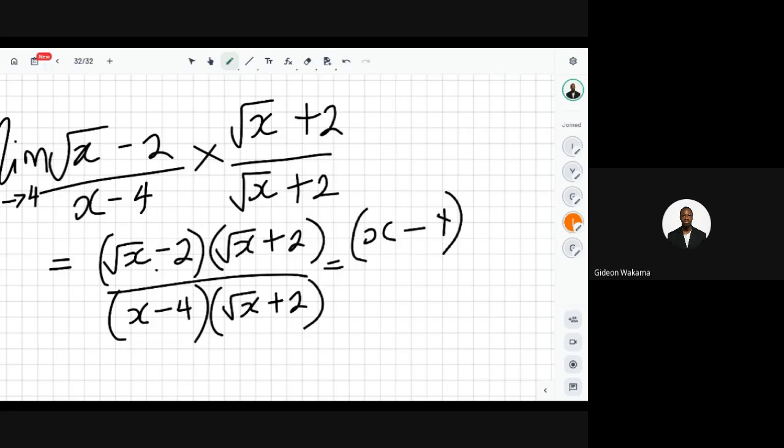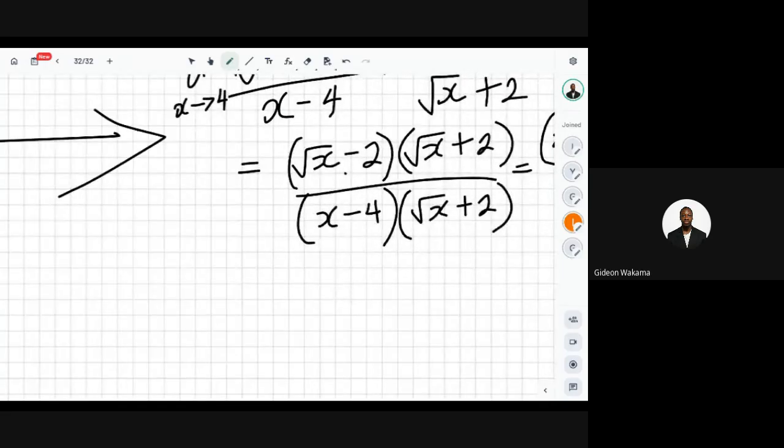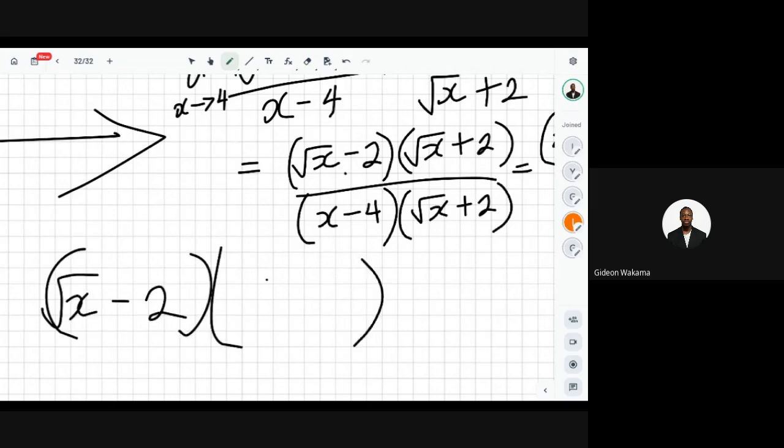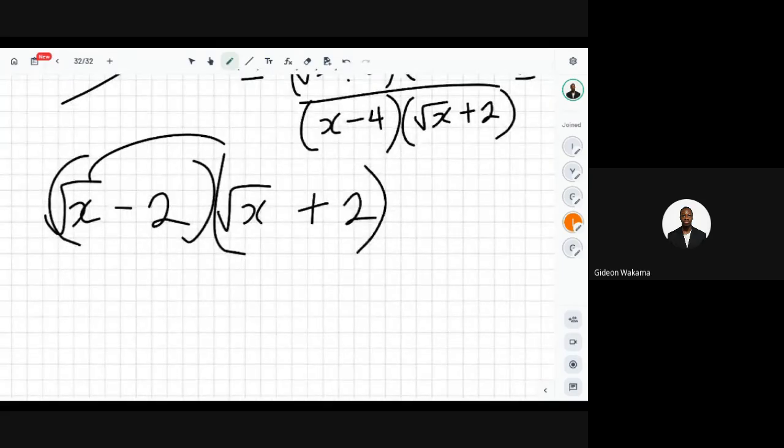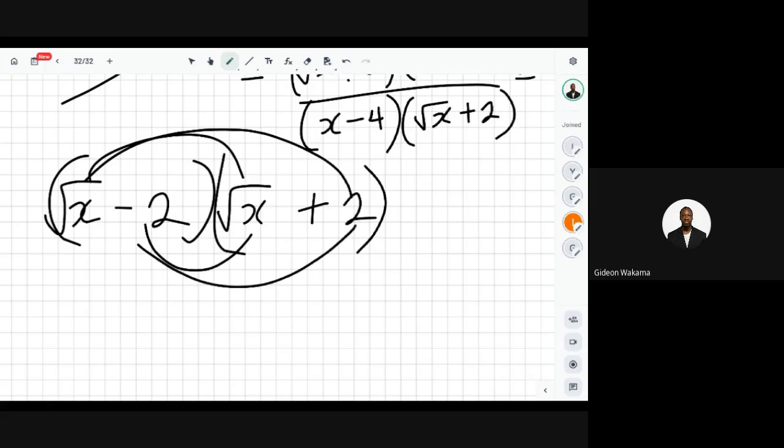So this is like the difference of two squares. If you notice, you have a minus and you have a plus. That's the difference of two squares, and they're both perfect squares. 2 times 2 is 4. If you want us to really expand it, we can. Root x minus 2 times root x plus 2: root x times root x, then root x times 2, then minus 2 times root x, then minus 2 times plus 2.